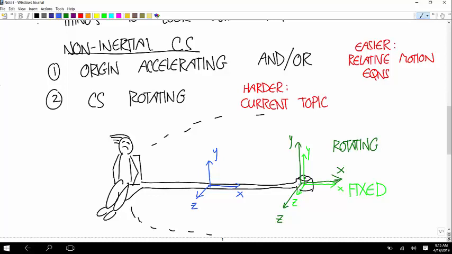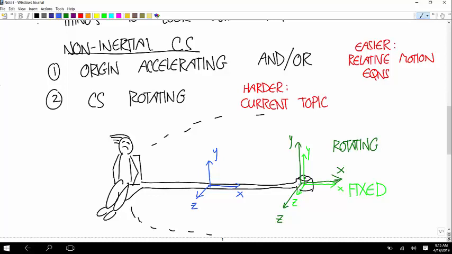Okay? And let's think about what we have in all three of these cases. That fixed coordinate system, the origin isn't moving, right? The coordinate system isn't rotating. So that's an inertial coordinate system. A video camera like that, whatever measurements you take of the acceleration from the video camera is good. You can use that for Newton's laws.